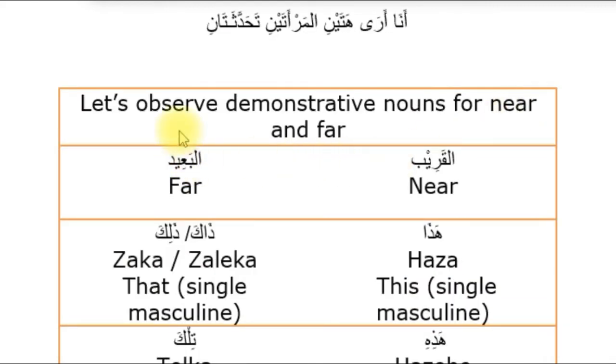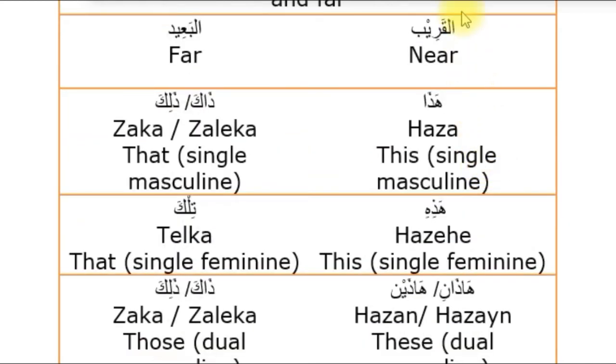Let's observe demonstrative nouns for near and far. Near in Arabic, al-qarib. Far, al-ba'id. Near is in this column.